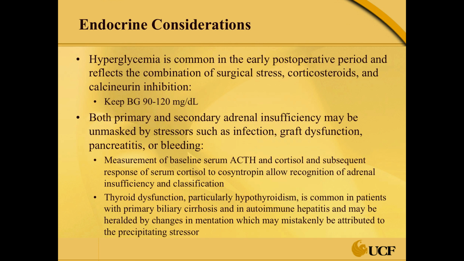Thyroid dysfunction, particularly hypothyroidism, is common in patients with primary biliary cirrhosis and in autoimmune hepatitis, and this can be heralded by changes in mentation. Oftentimes we mistake that to be attributable to a precipitating stressor, when really it's the result of this biliary cirrhosis and autoimmune hepatitis.